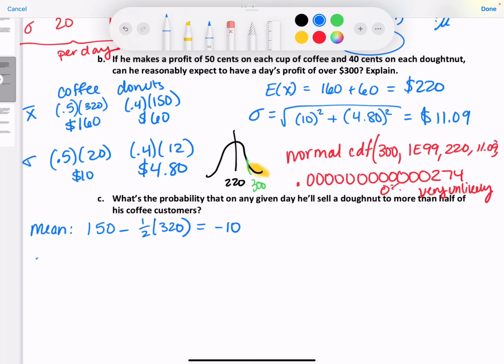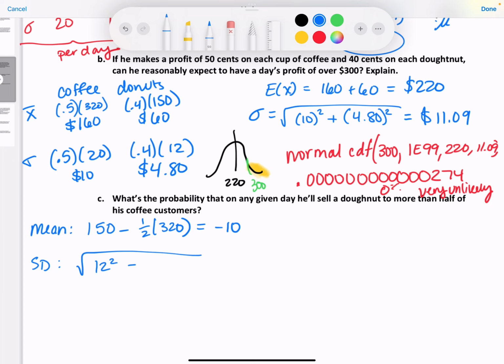Then for the standard deviation, we have the standard deviation for donuts needing squared. So 12 squared minus, or wait, I think it's supposed to be plus.